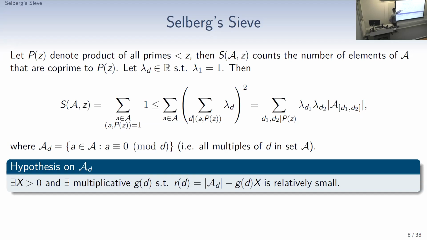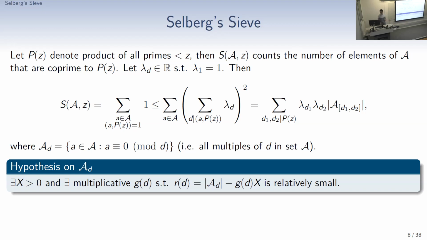As a result, as long as we can pick some lambdas satisfying these two conditions, then we will obtain an upper bound for the sieve function. And this is actually quite flexible, because we can apply certain optimization techniques to choose a least upper bound for this quantity.